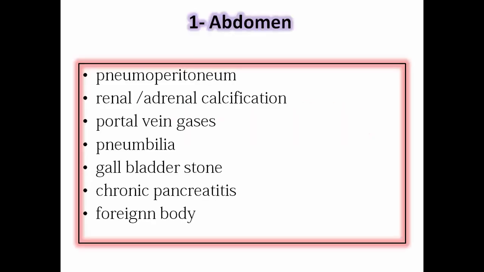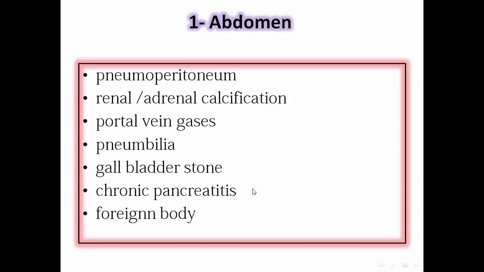I prefer starting with the abdomen, looking for any of these findings: either pneumoperitoneum in an abnormal place, pneumobilia, which is more central, or portal vein gas, which is more peripheral. Look for any calcification projecting over the liver, like gallbladder stones, porcelain gallbladder, calcified hydatid and any calcified hepatic lesion.